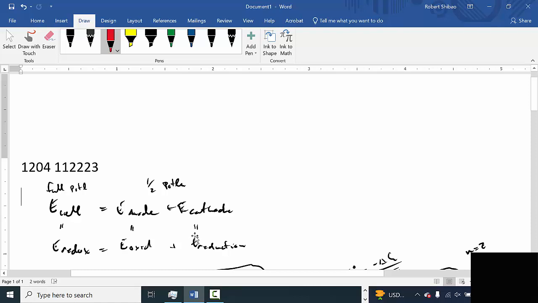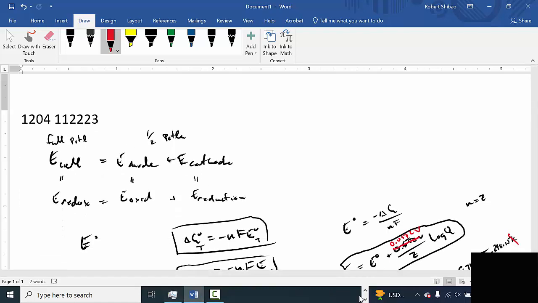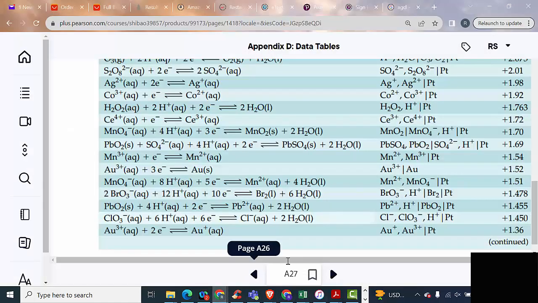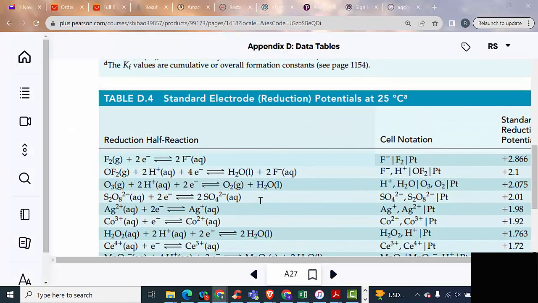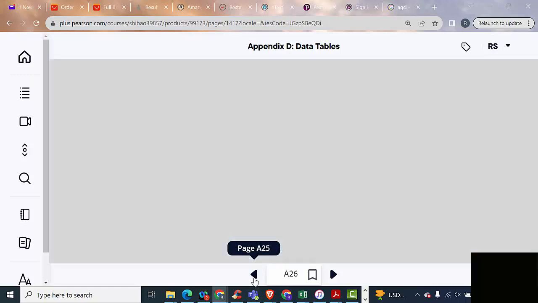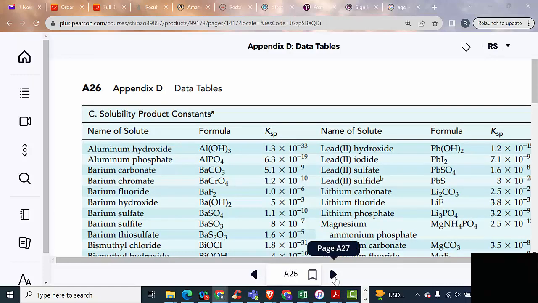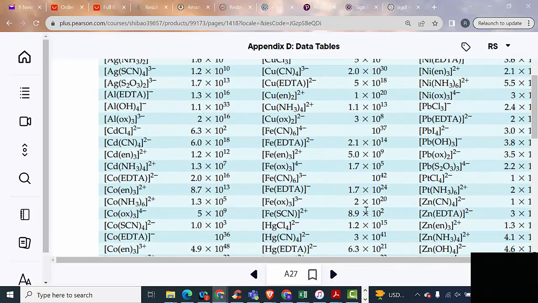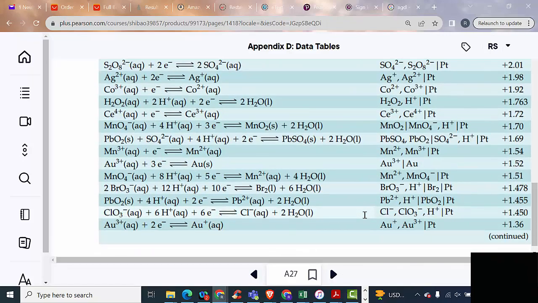But when we're trying to do that to, let's say, reduction potentials, let's just look at an example here. Let's go to copper and take a look at the reduction potential. Maybe it is additive. Let's see if it's additive.